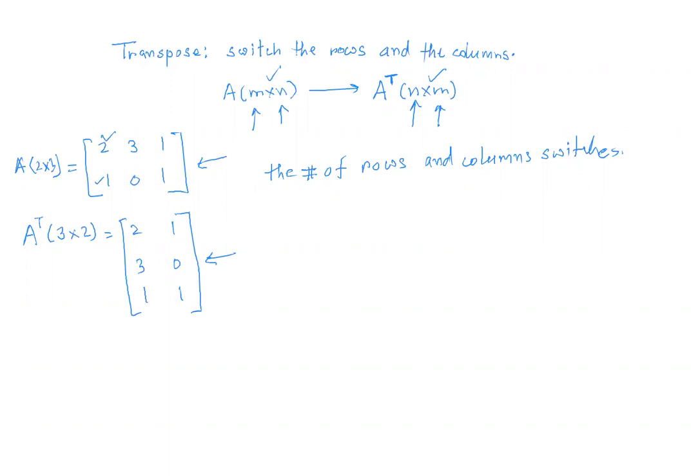The next thing I'm going to define is the determinant of a square matrix. By now, you know a square matrix has the same number of rows and columns. The easiest way to define a determinant is very simple.